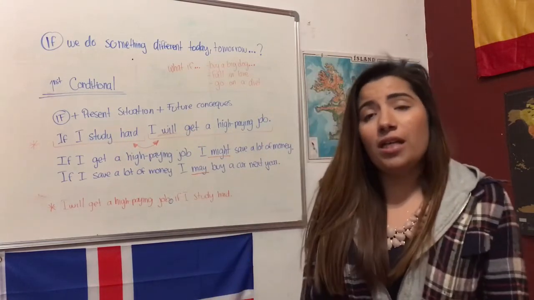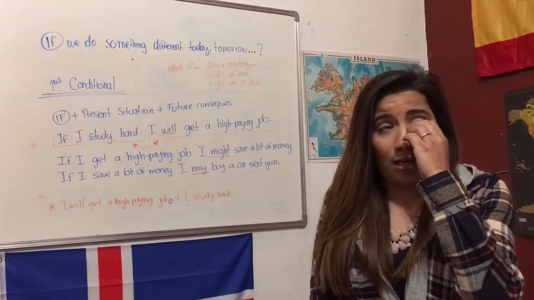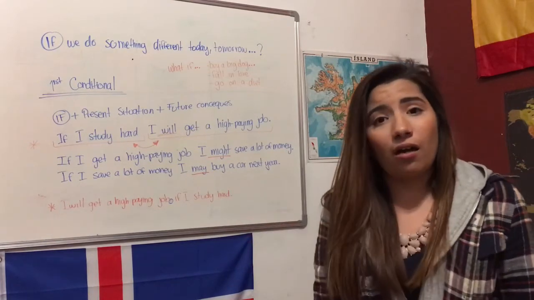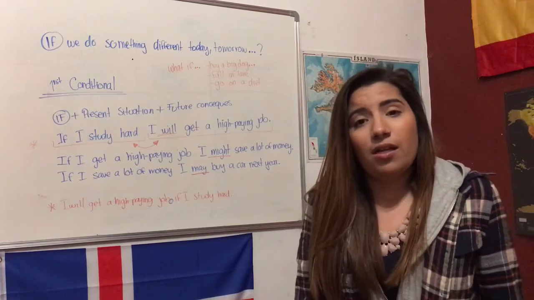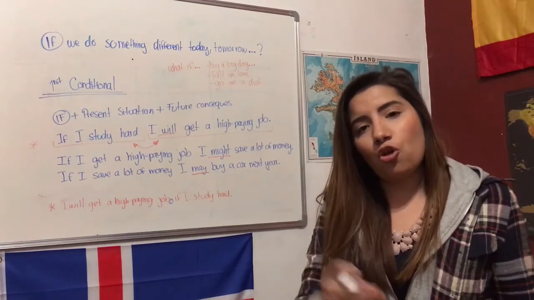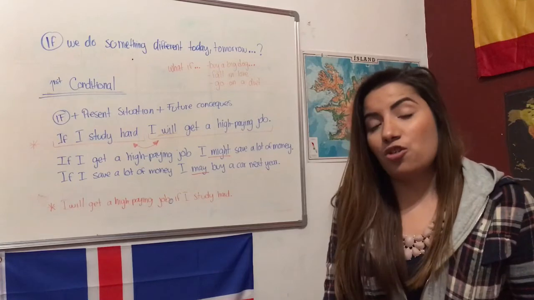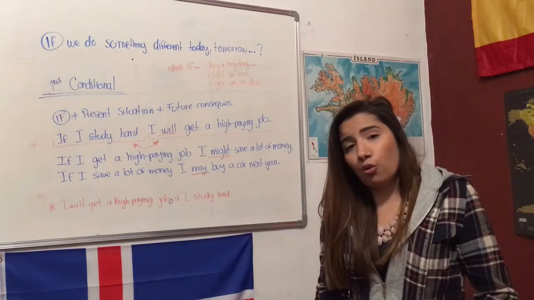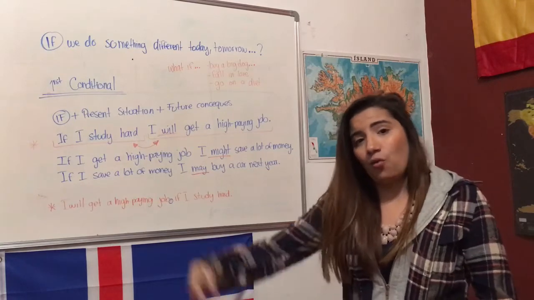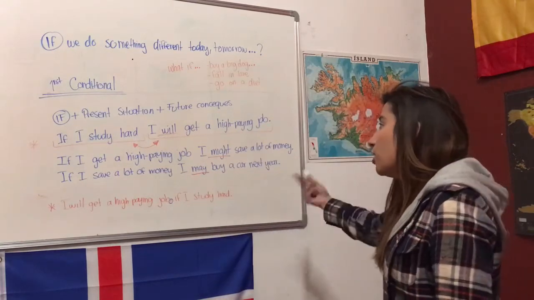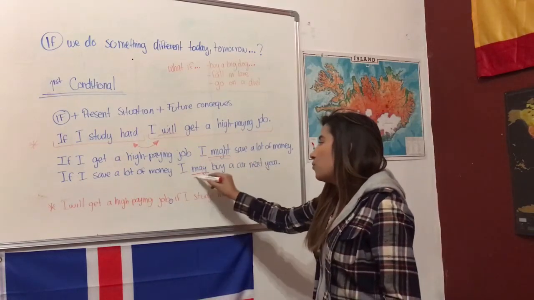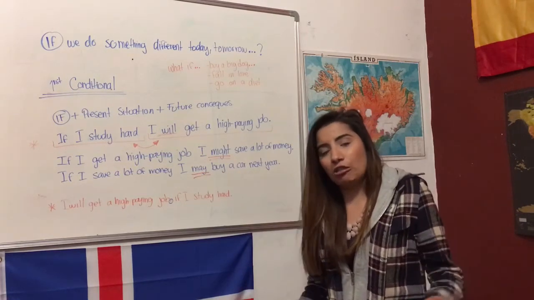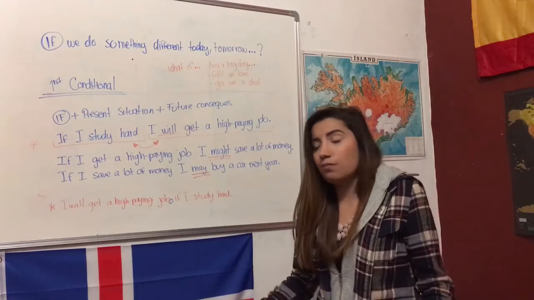We can use will, or we can use, I don't know, if I study hard, I am going to buy a car next year, for example. You can use going to or will, that are expressions of time in the future. And if you're not sure about what can happen with this present situation, you can use a modal verb to express possibility. It might happen, it might not. I don't know. Probably.